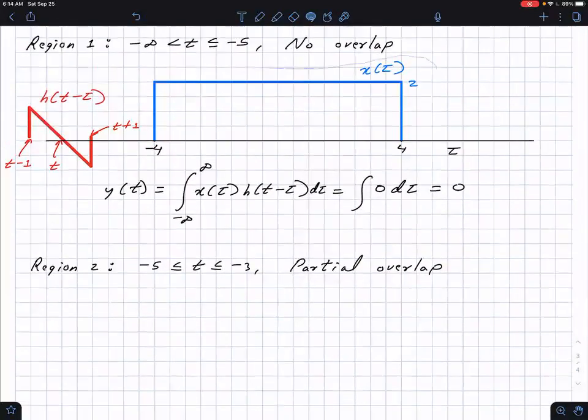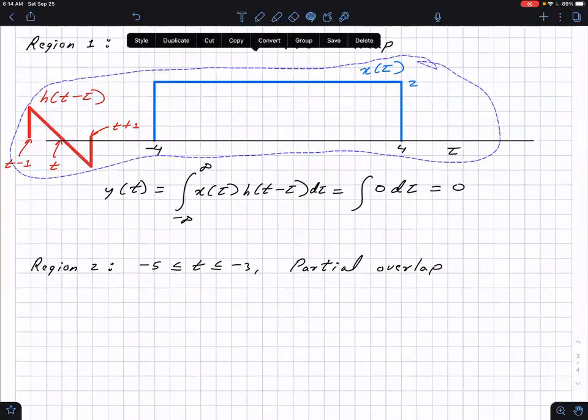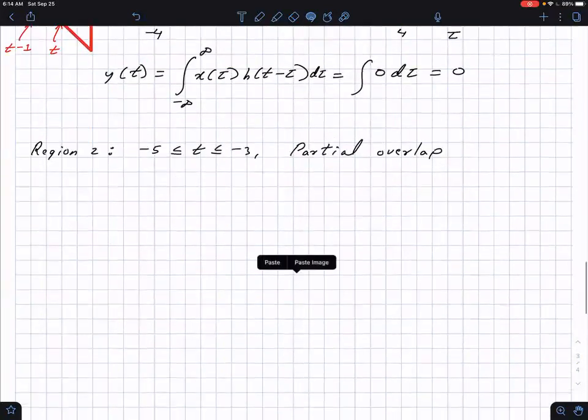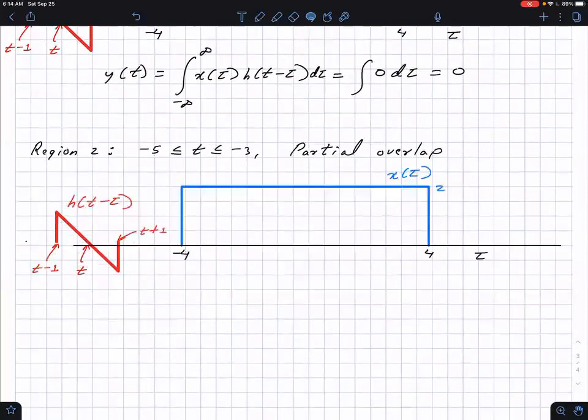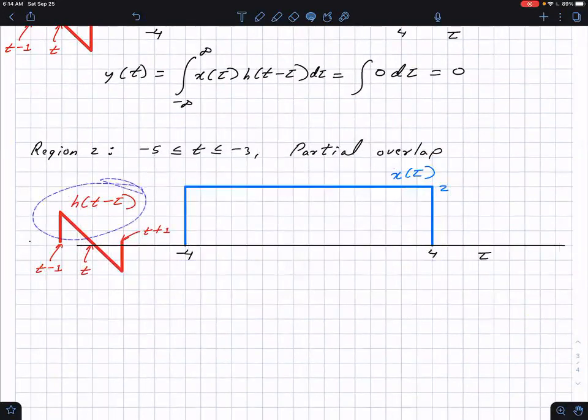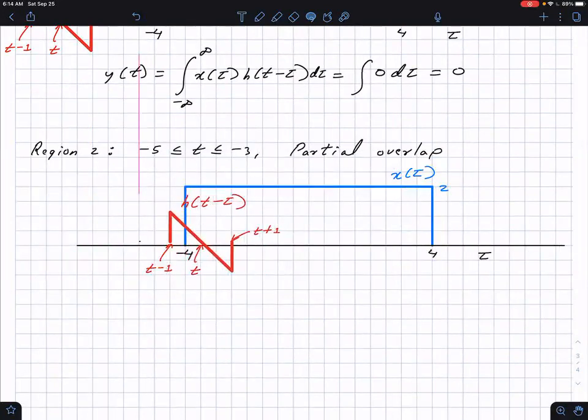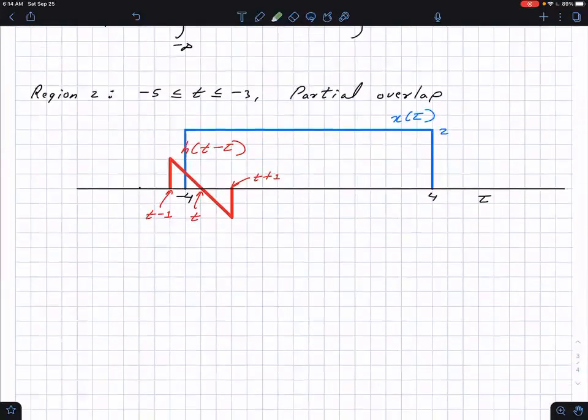And let's draw a graph to show the two functions in this region as well. Now here we see partial overlap, so maybe something like this. And let's shade the overlapping region.